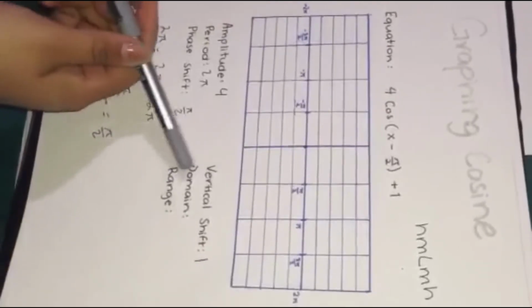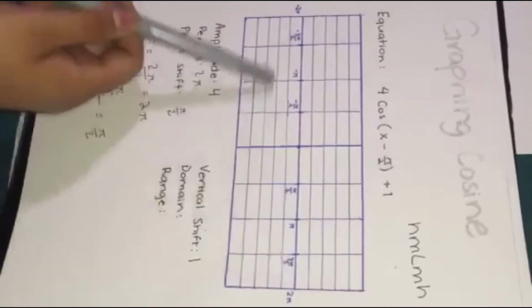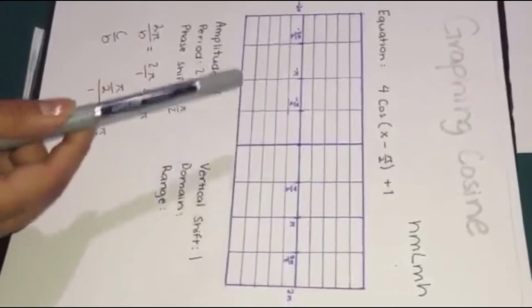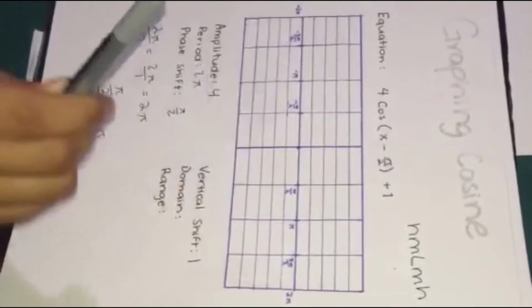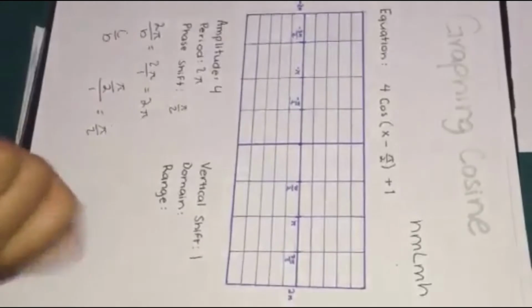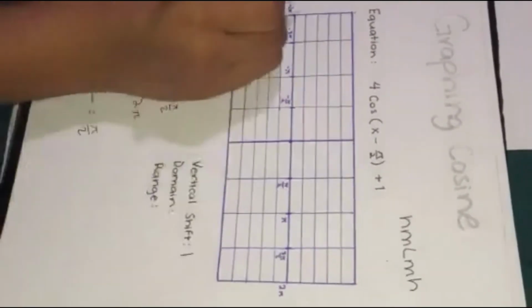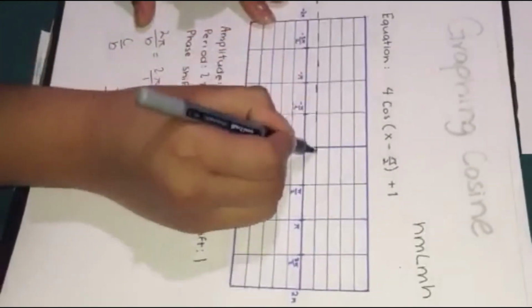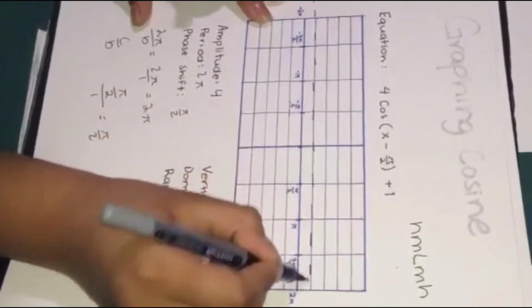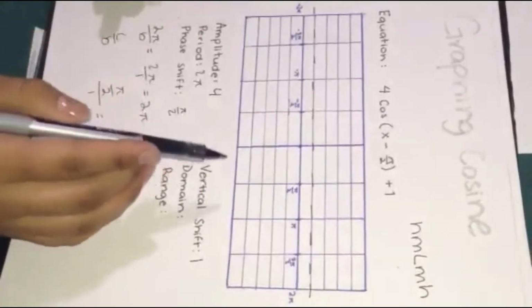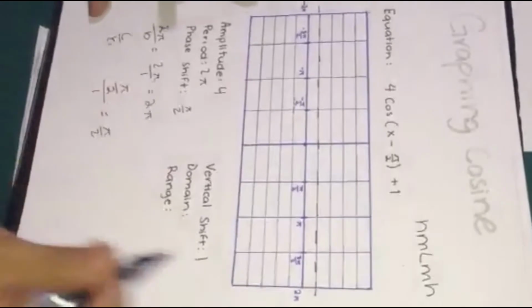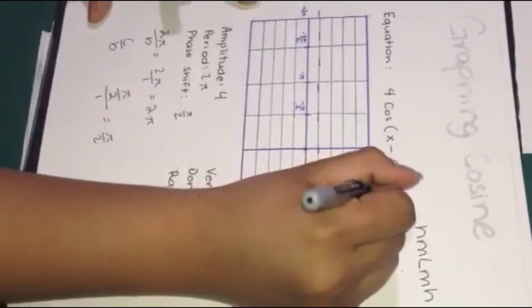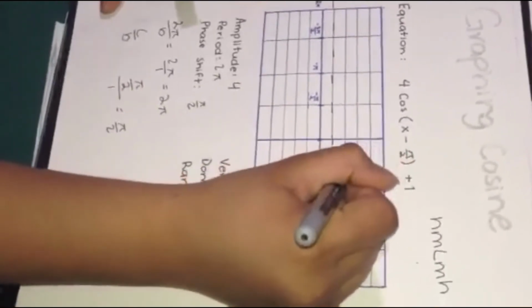And I'll do the domain and range after graphing the equation. Since our vertical shift is our new midline, which is 1, we will draw the midline. And since our phase shift will be pi over 2, you can also draw the phase shift.